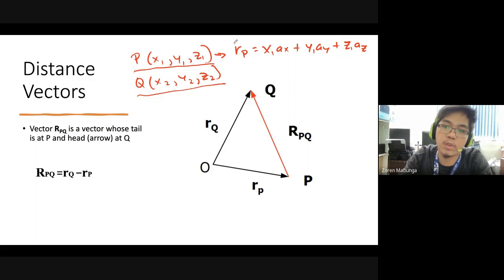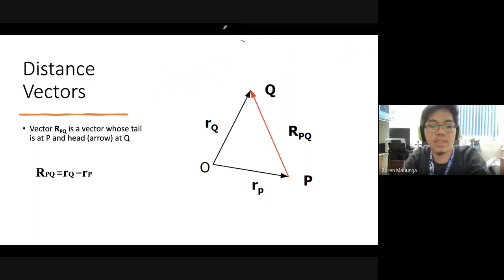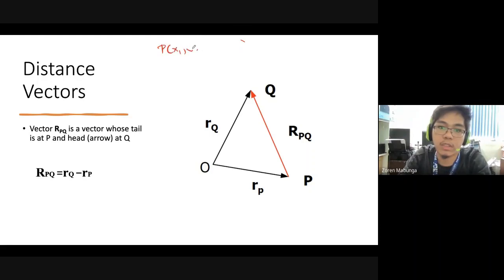Okay, so this will be your vector. So, ang sagot niya is, x1 ax plus y1 ay plus z1 az. Okay, so tama yan. So, yan yung magiging vector RP. Vector RP will be x1 ax plus y1 ay plus z1 az.